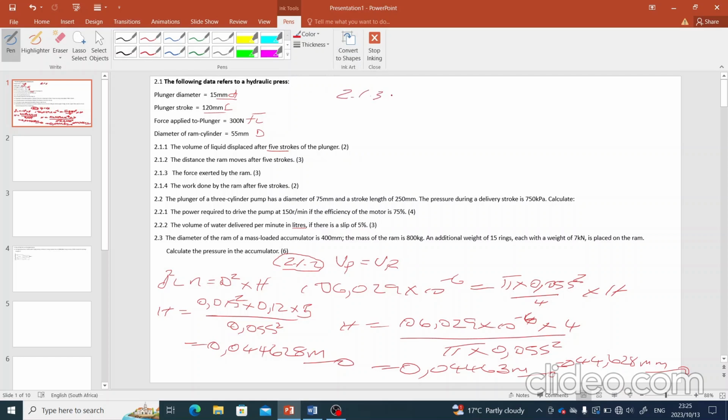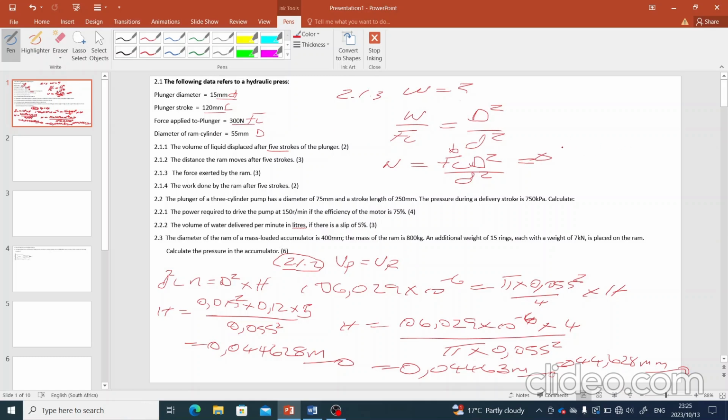Now let's look at 2.1.3. They want us to calculate the force exerted by the ram. It means they want us to calculate W. W over FL equals big D squared over small d squared. Then we make W the subject of the formula: W equals FL times big D squared divided by small d squared. Do we have FL? Yes, we do.